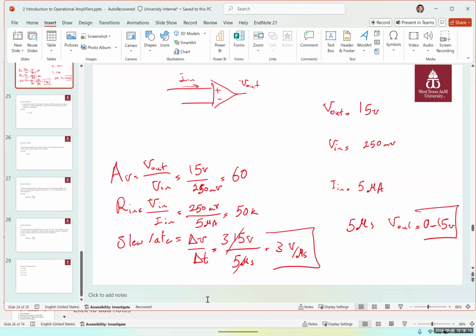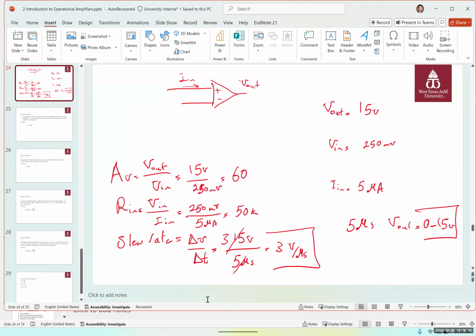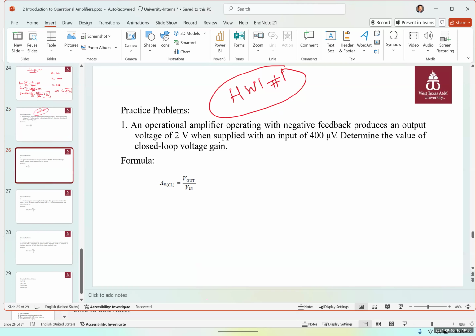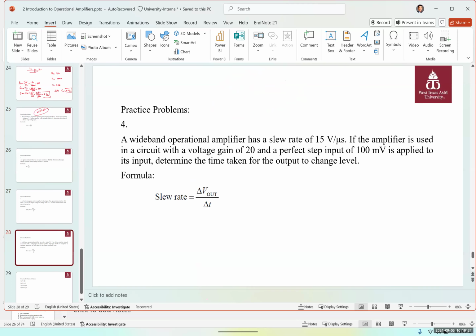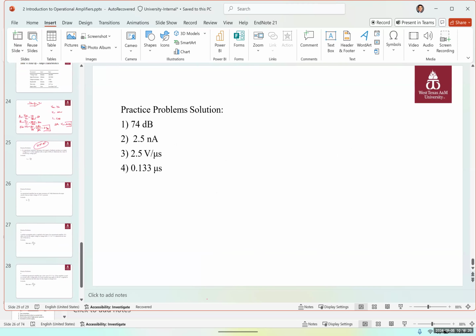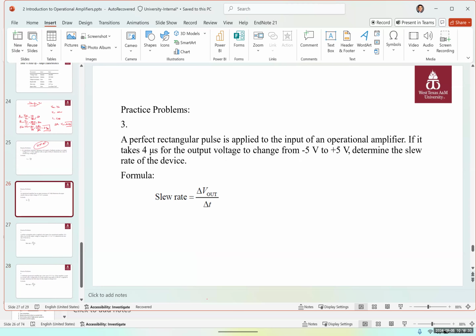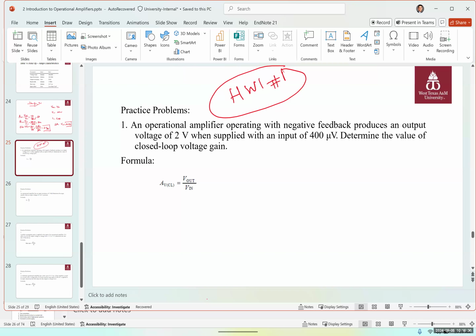Okay. So, did you write this down? This is going to be your first homework. I'm going to post it on Blackboard as well. You're going to have 4 questions. Next week I will post the solutions as well.